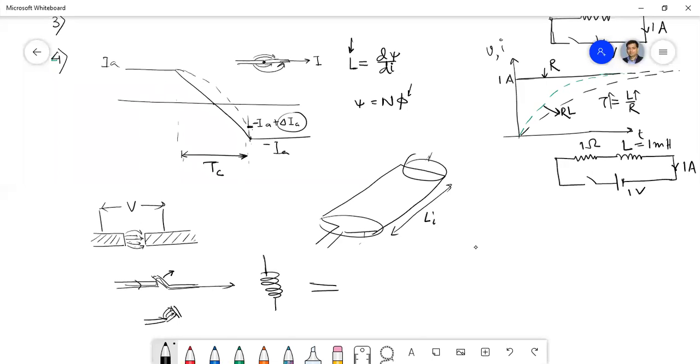If there is continuous, consistent sparking in the commutation surface, then there will be a possibility of a ring of fire around the commutator surface, as I told you last class. So due to this sparking or ring of fire, the commutator surface will be damaged. It will be overheated, and thereby it can be damaged.